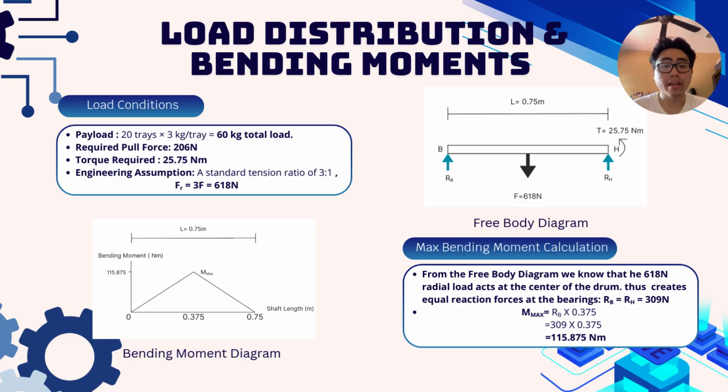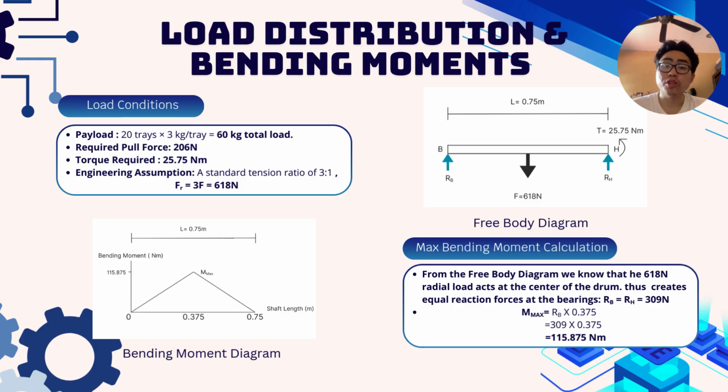To determine the actual forces acting on our drive shaft, we started with the 206 Newton force required to move the 90 kg payload. However, we cannot design the shaft using the pulling force alone. Following design 11.1, we replaced the belt system with a statically equivalent load.